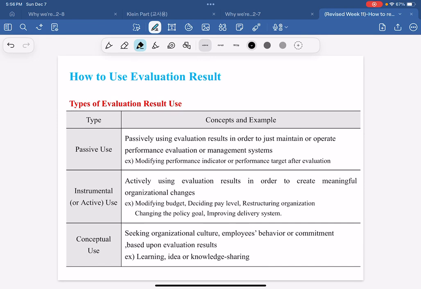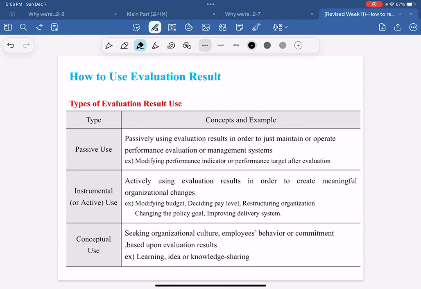The first, what is passive use? This means the evaluation results are passively used just to maintain and operate performance evaluation and management systems, right?